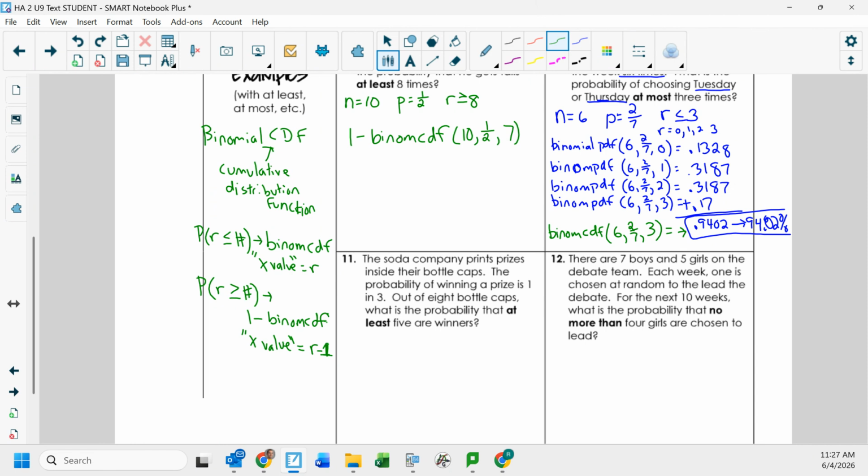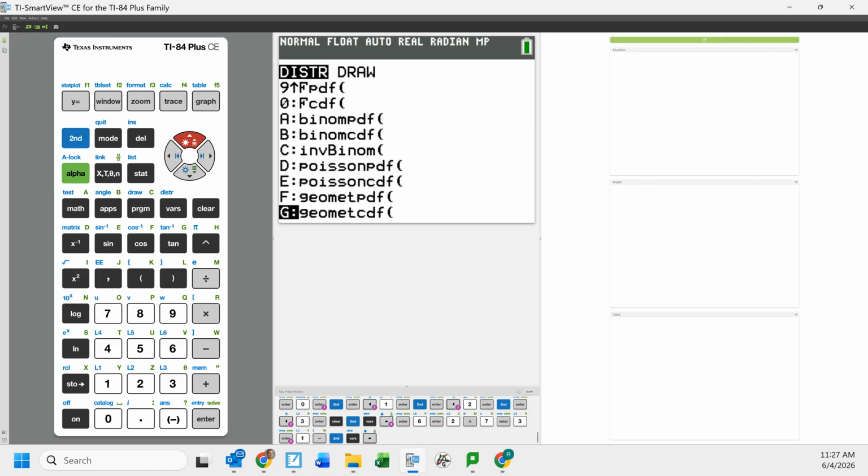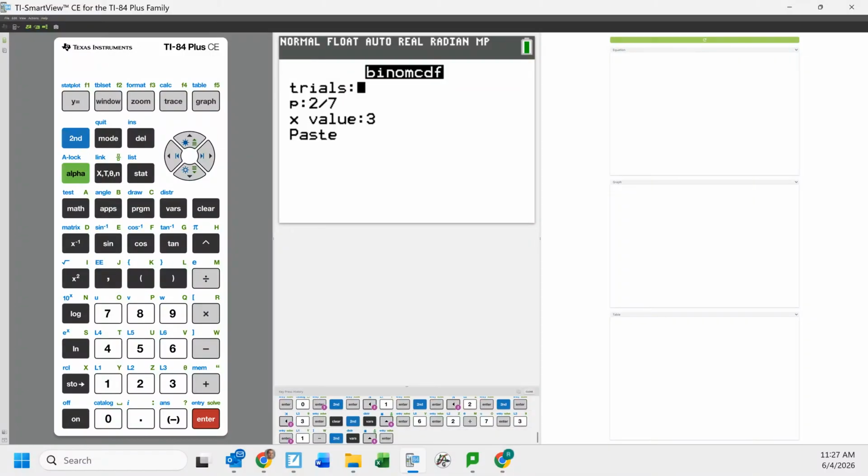So we can type this all in at one time. I can do 1 minus second distribution, my binomial CDF, and then I do 10, 1/2, and 7.